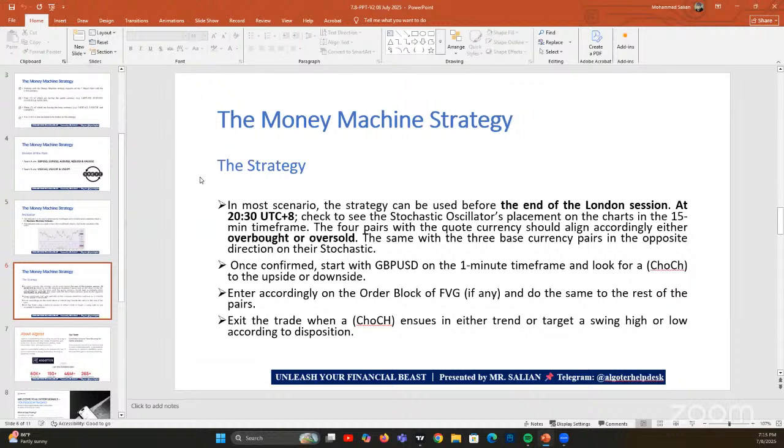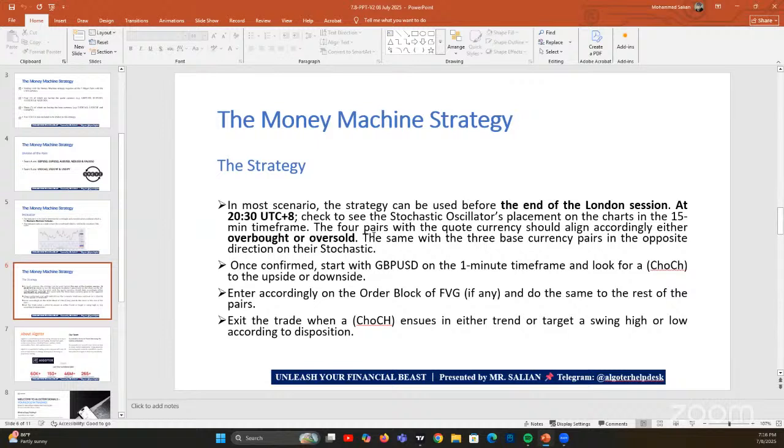Now, the strategy. In most scenarios, the strategy can be used before the end of London, at about 8:30, UTC plus 8, Philippine time. Check the stochastic oscillator's placement on the charts in the 15-minute time frame.